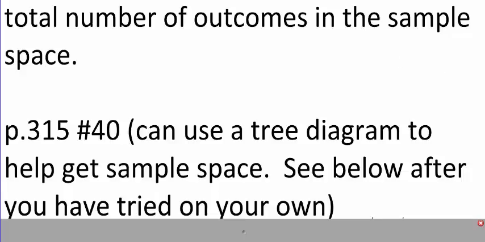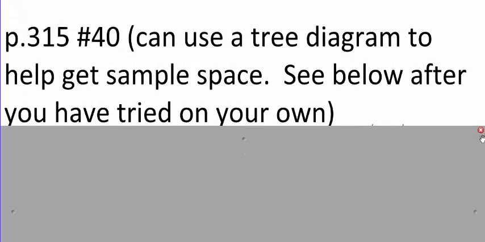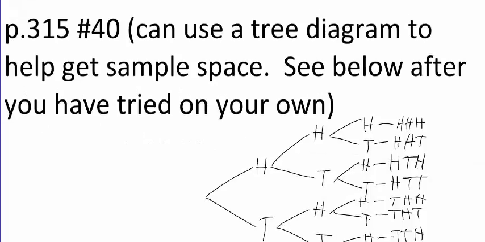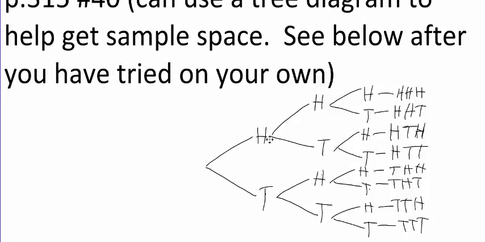All right, so let's look below here for a tree diagram. So in this case, you were flipping a coin 3 times, or flipping 3 coins. I'd have to look again exactly at how it was worded. But you have a first flip, which is heads or tails, a second flip. So if you had heads the first time, could be heads or tails.